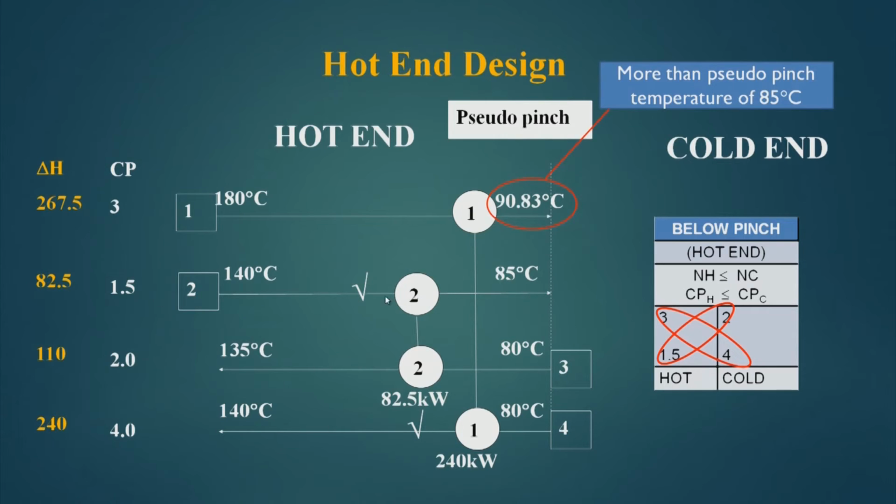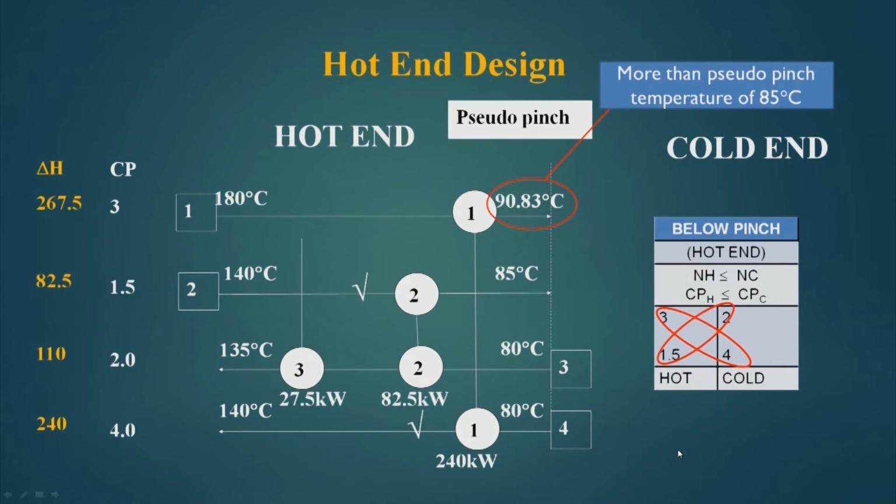So, we can pass on the whole amount to this stream, because it can take 110 kilowatts, which is more than 82.5 kilowatt. So, this match is as per the CP rules, and this is also a pinch heat exchanger, and that is why this rule has to be obeyed very strictly. So, this stream is ticked off now.